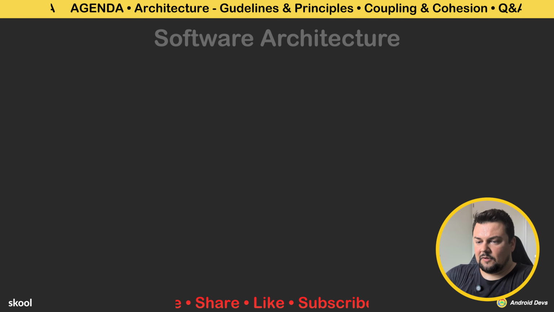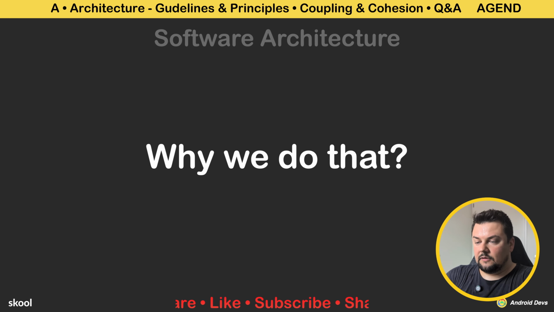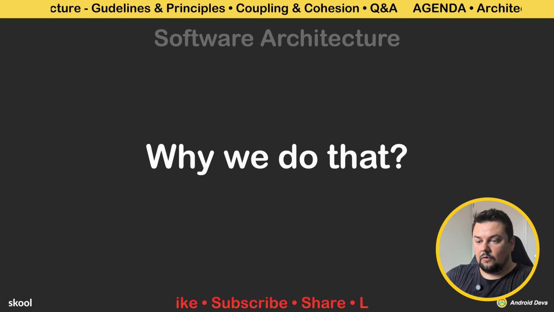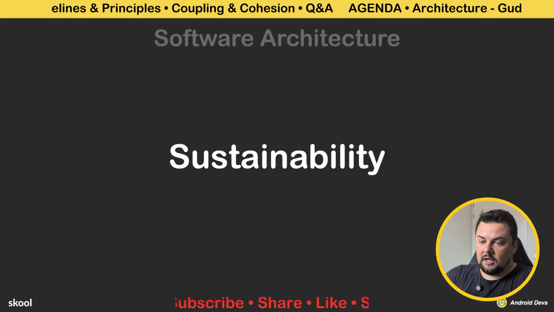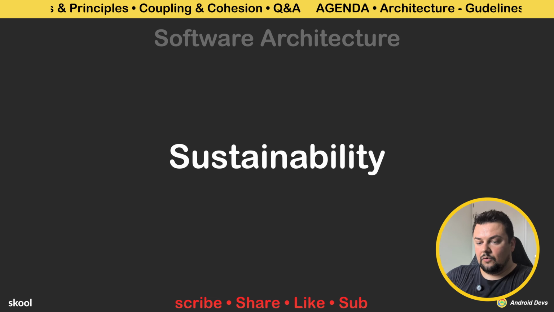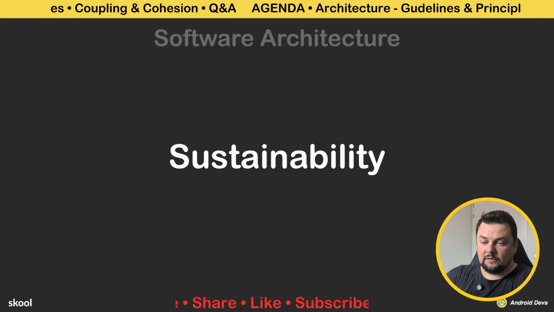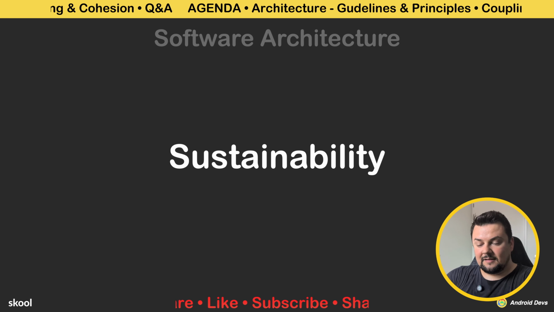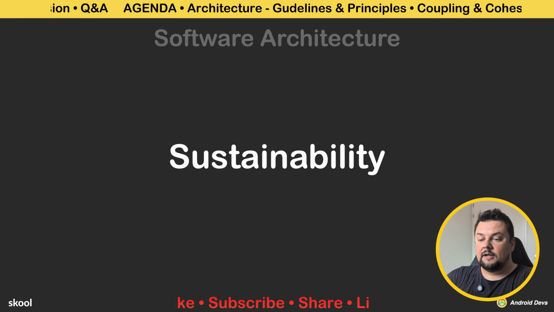And when it comes to benefits, why do we pay attention to the design and its structure, or the architecture as a whole? Because of sustainability in general. We want to be able to deliver sustainably. We want to establish testing, so we want to be able to test our software in a sustainable manner, and we want to also do maintenance of the software.